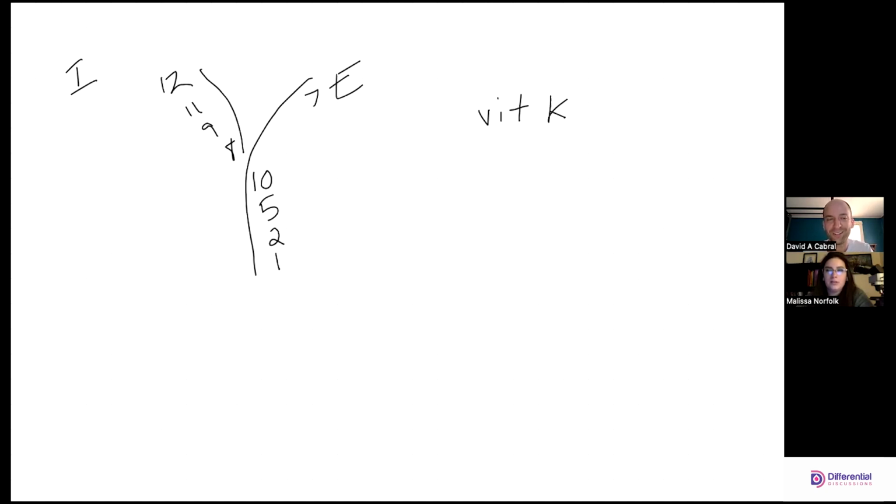Yes, you have a decreased synthesis of your coag zymogens that you should be activating. You can synthesize these factors, but you can't make them usable for coag without vitamin K.